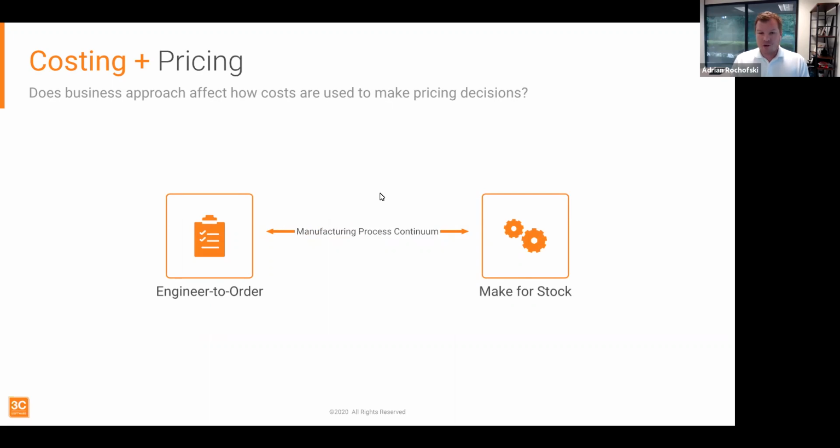And when you think about what we just talked about, of costing being really the platform or the foundation of calculating your cost, knowing exactly what is the cost of the product that I manufacture, and then the next step is being given what kind of business environment I live in, be it a very custom engineer-to-order approach, be it a volume-based make-for-stock business environment.